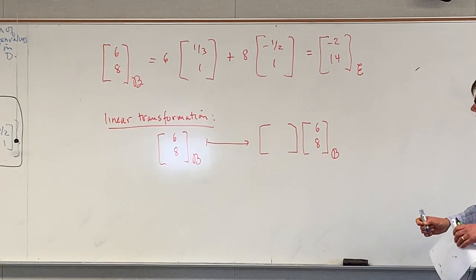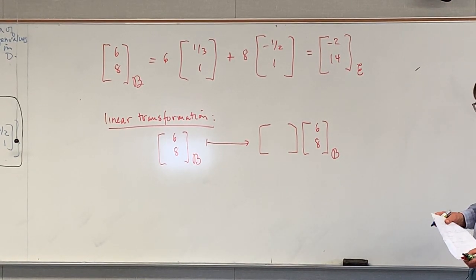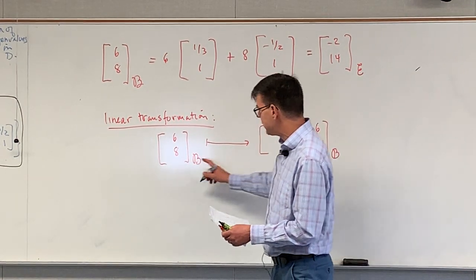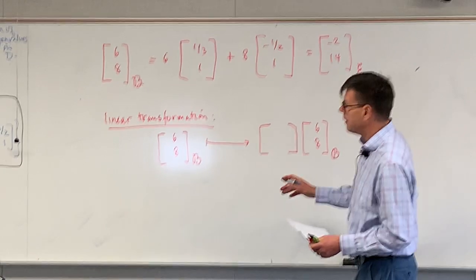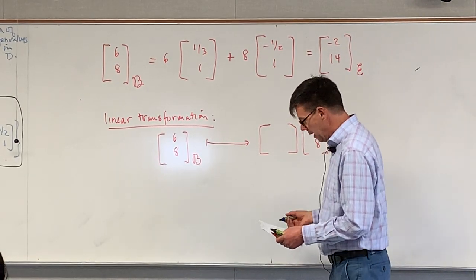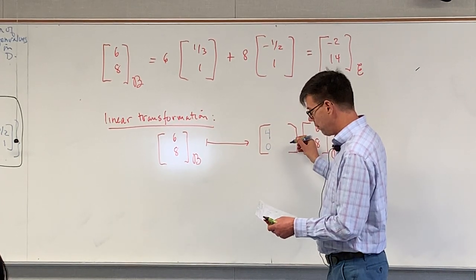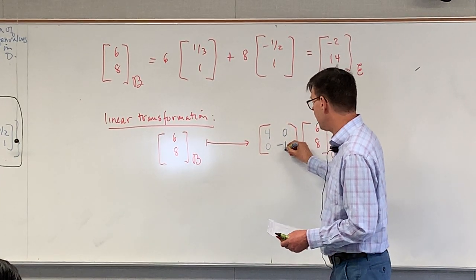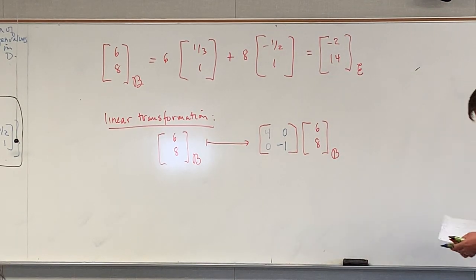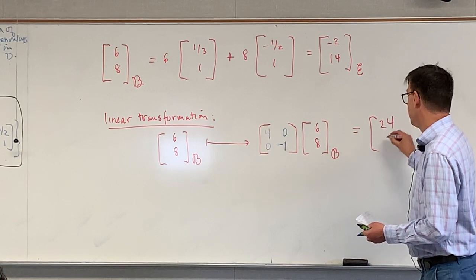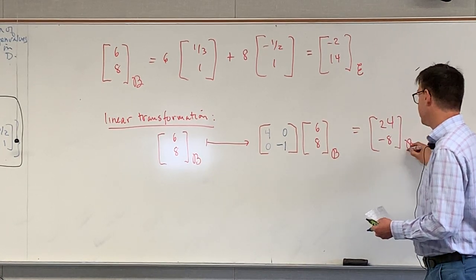That's actually going to be the diagonal one, right? That was the whole point. The B coordinates in this linear transformation have the 4, 0, 0, -1 matrix.